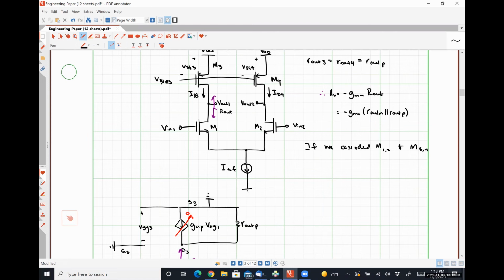The output resistance looking down would be GM times R out N squared. Or excuse me, yeah. And the output resistance looking up would be GMP times R out P squared, right? So we would get a boost, but we'd also have to increase the complexity of our circuit by providing 3 bias voltages as opposed to just the one of them, right?